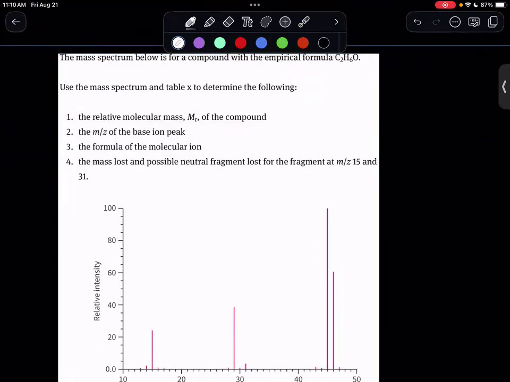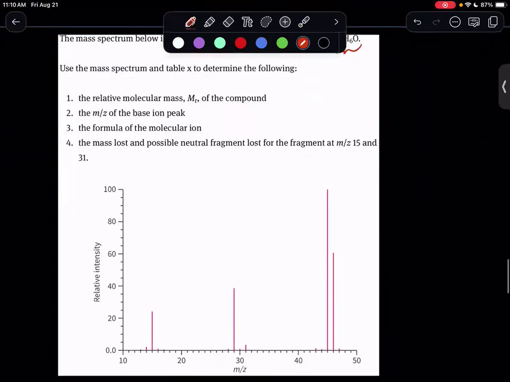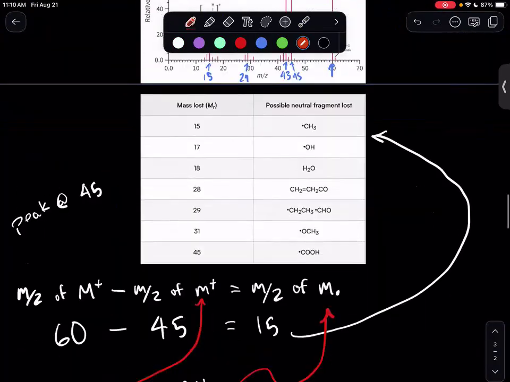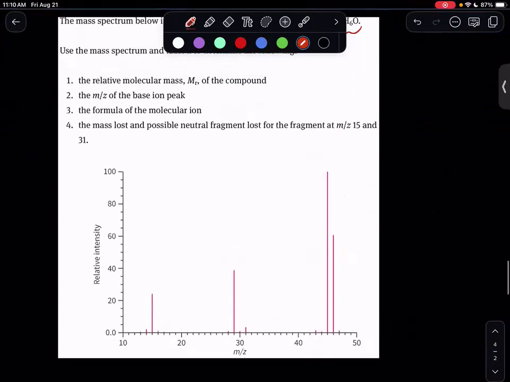So we have this empirical formula, C2H6O. We're going to use this mass spec right here to determine many things about it, as well as the table that we have up here. So let's just go through question by question, which will kind of help us organize our thoughts.